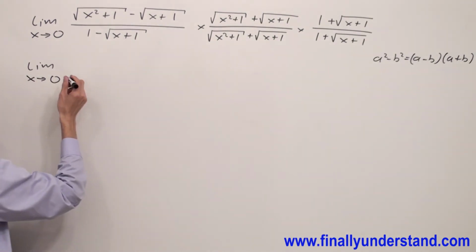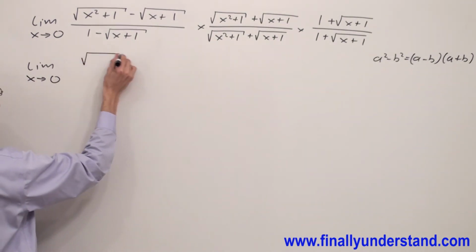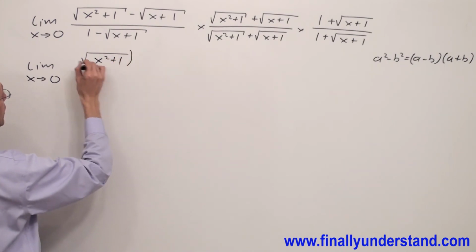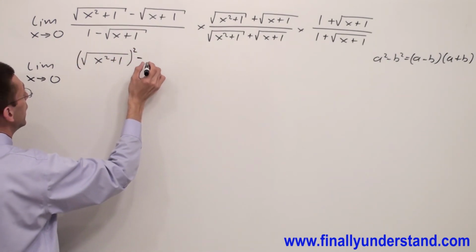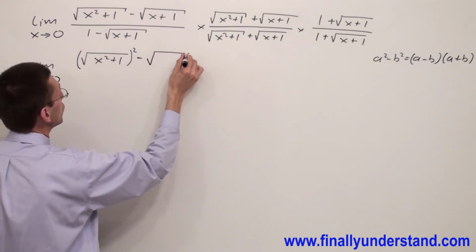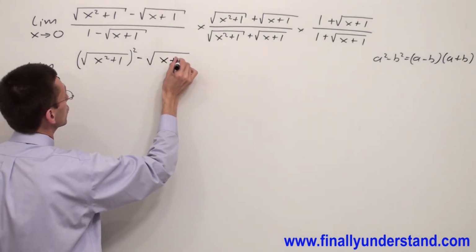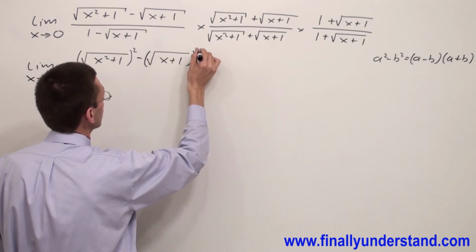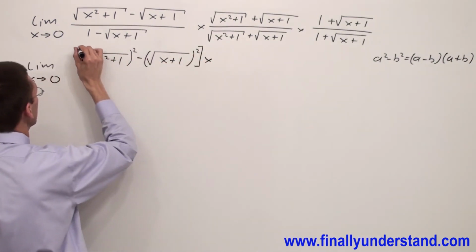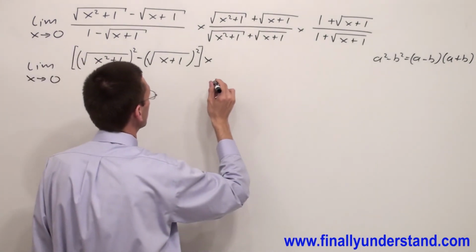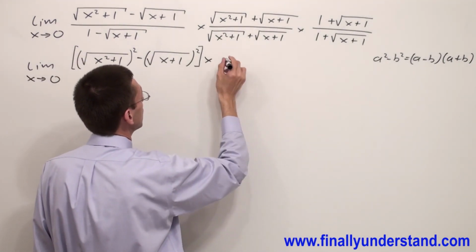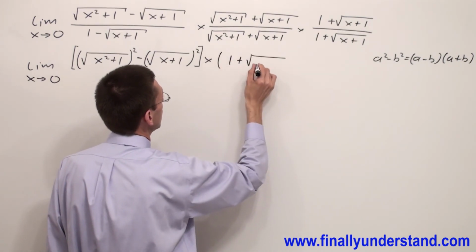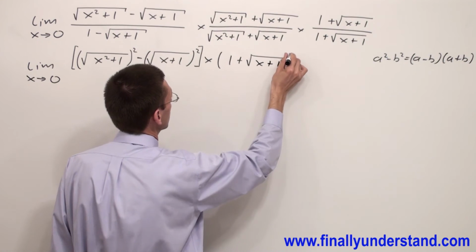That's why I'm going to rewrite this as square root of x squared plus 1 to the second power minus square root of x plus 1 to the second power, times everything whatever is left. In this case I have 1 plus square root of x plus 1.